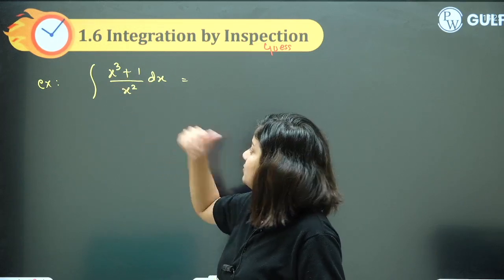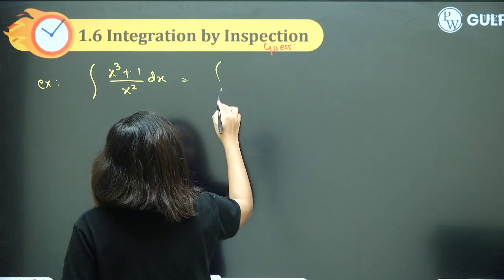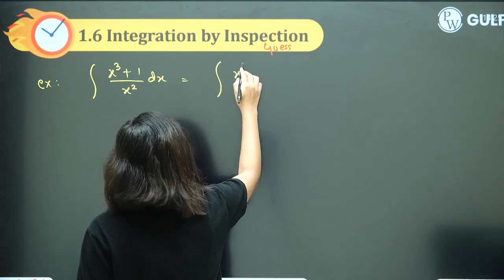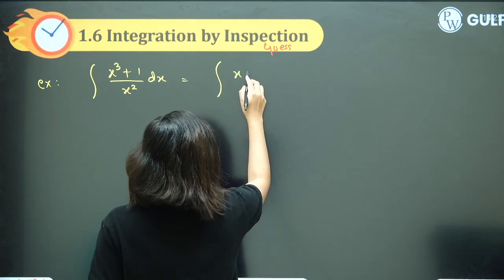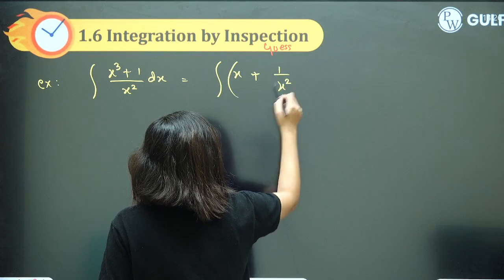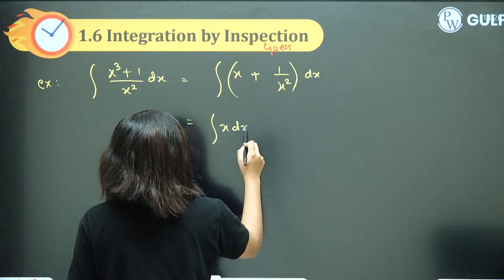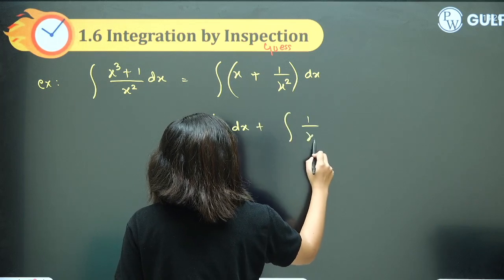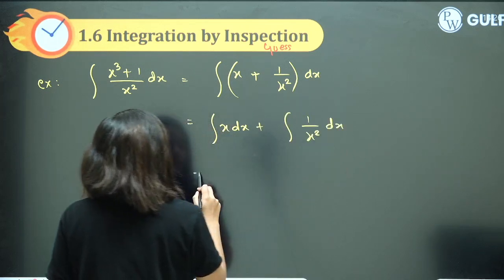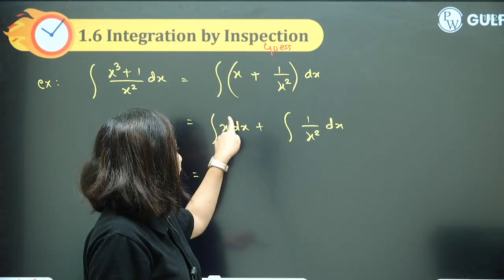Integral of x cube plus 1 upon x square will be what? If you separate them, you will get integration of x cube upon x square, which is x, plus 1 upon x square dx. We just saw the property that it can be separated. Now you don't know the formula. Assume that you don't remember the formula. So you will try to think, derivative of what is x?